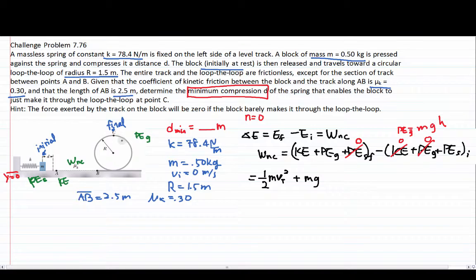Now notice that at point C, we have 2r, one r here and another r here. So I'm going to put 2r, minus the spring potential energy. Make sure you put d squared.